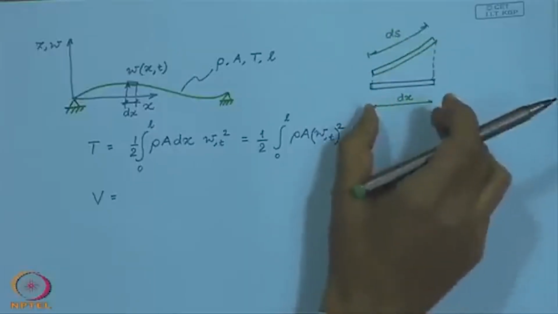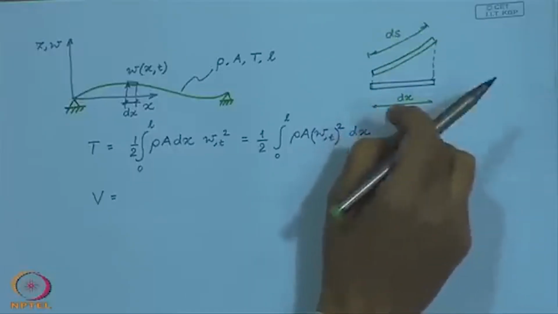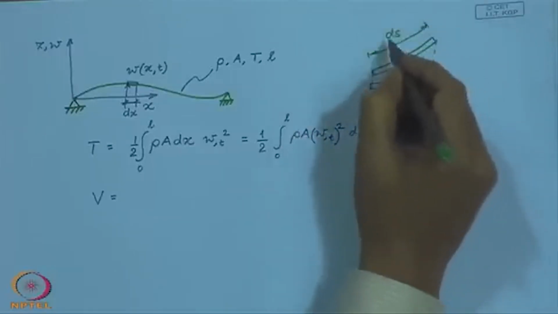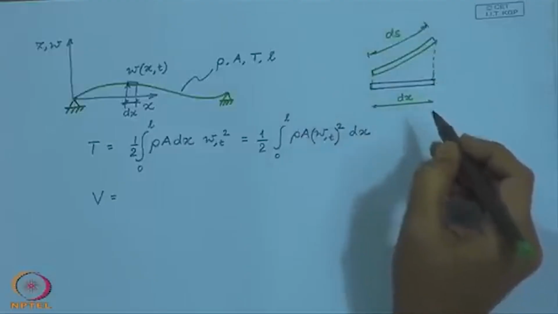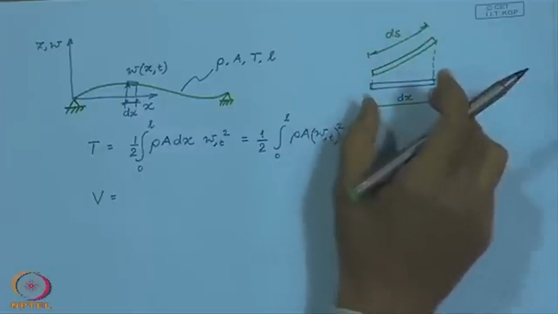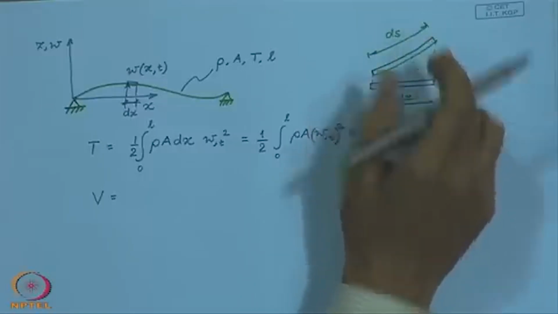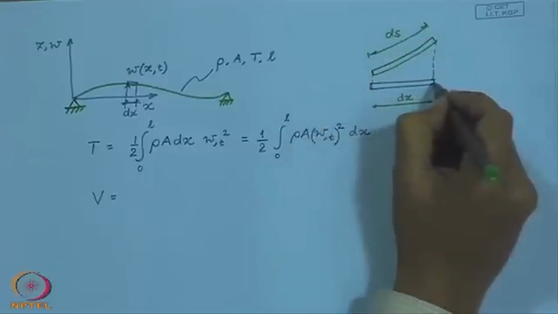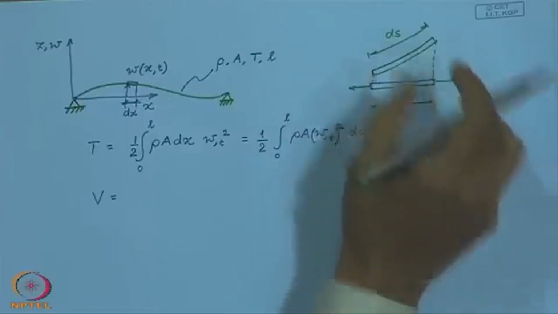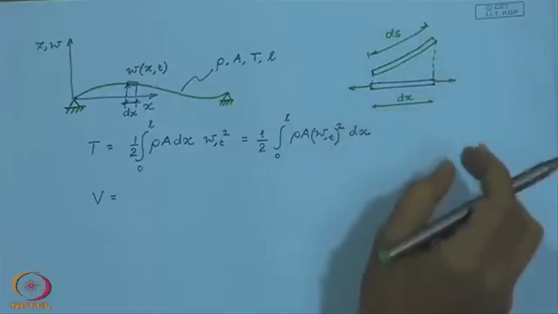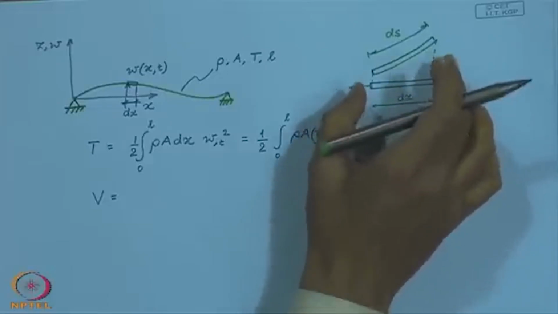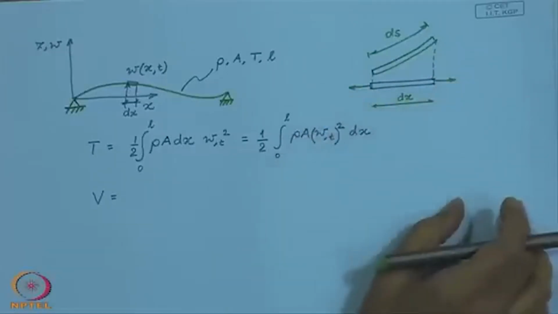The length at the equilibrium configuration was dx. After it has been displaced, its length changes to ds. Now, this change in length is taking place under a tension T, which we have assumed not to change with displacement. This was one of the assumptions of our model. So, tension of course, actually it changes, but then that change is assumed to be negligible.